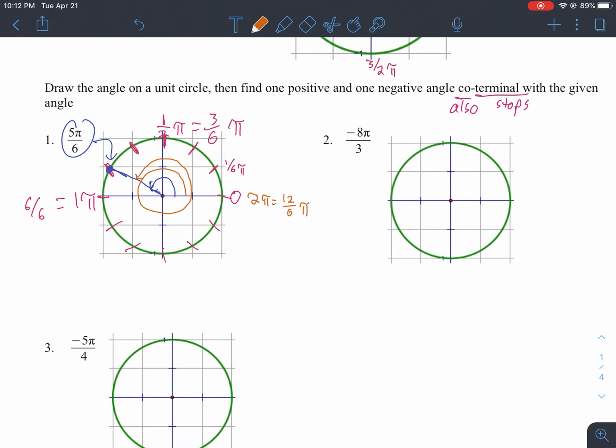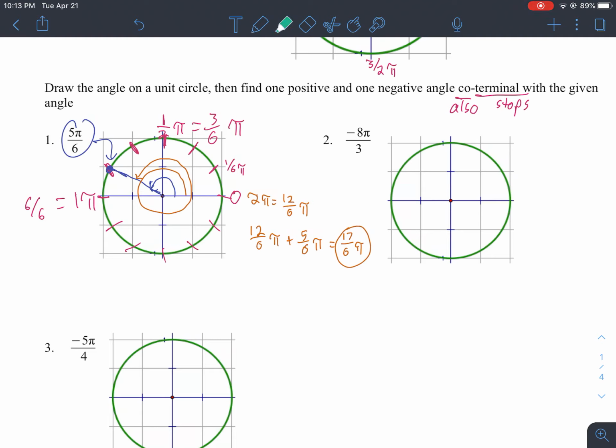So the other positive answer will be 12/6 pi plus 5/6 pi. It's kind of like 360. 12/6 is the same as 360. We just added 360 to it. But it looks weirder. It says 12/6 pi instead of 360. So 12 plus 5 is 17. That is the positive answer.